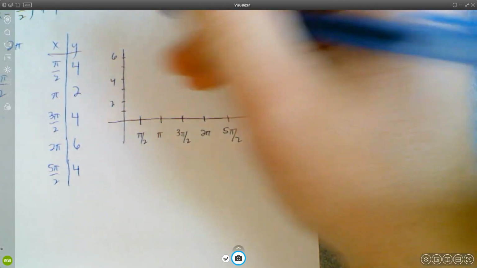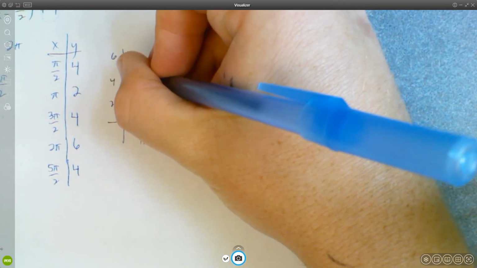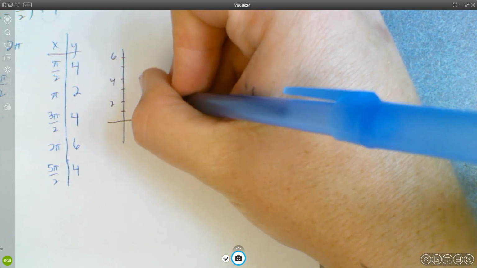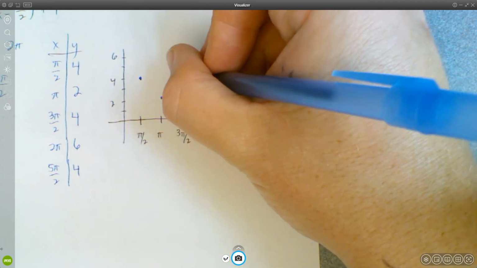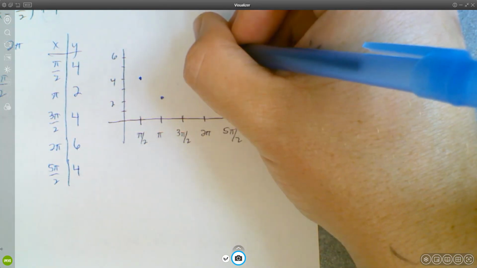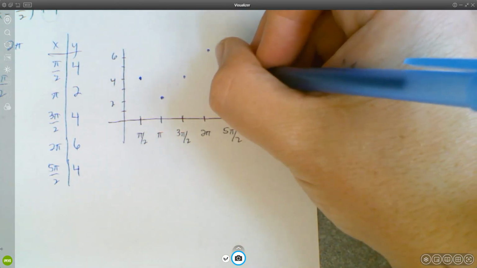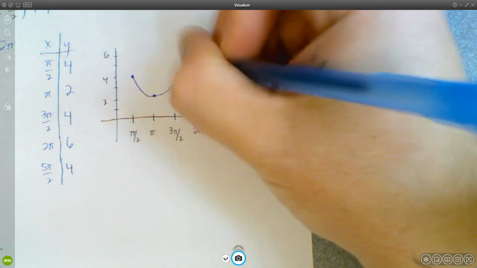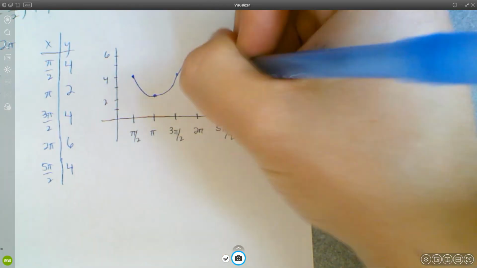Okay, and we're starting here and going down to here and back up and back down. So there's one period of this particular function.